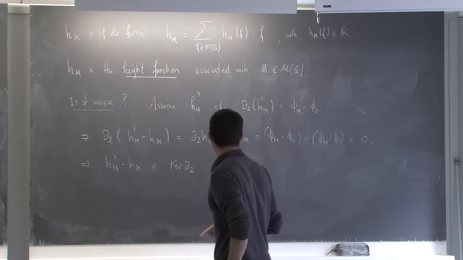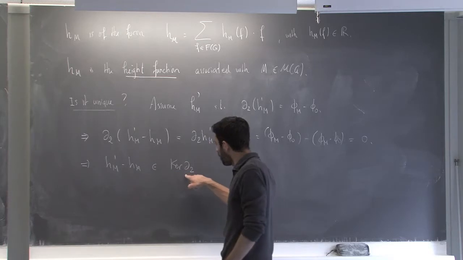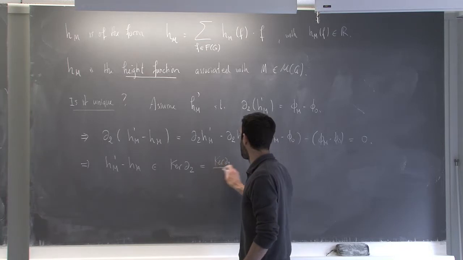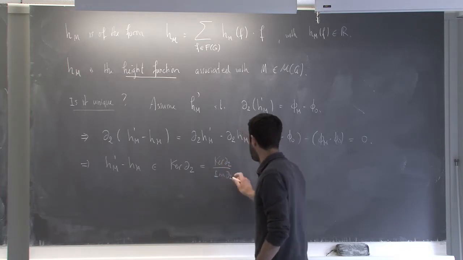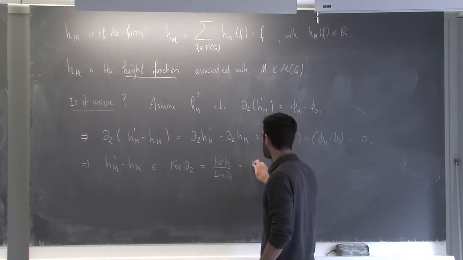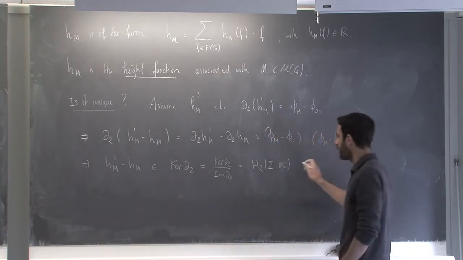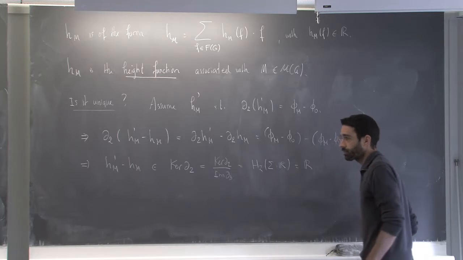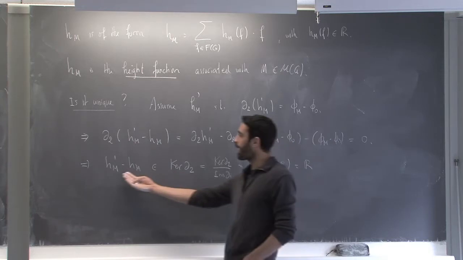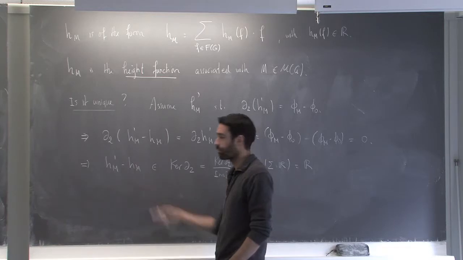Now, unfortunately, I don't have my chain complex any longer, but the kernel of D2 is equal to the kernel of D2 over the image of D3, because D3 is 0, and this is equal to H2 of the surface with real coefficients, and we had just said this is equal to R. This means that actually it is not unique, but it's unique up to an overall additive constant.